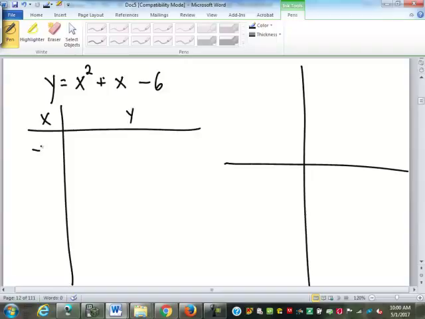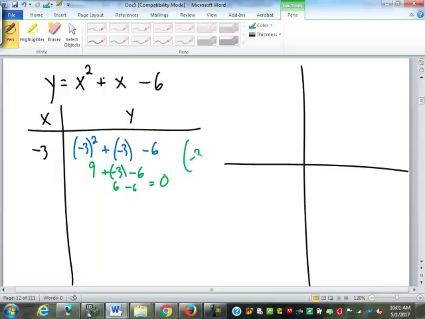I might try negative 3 for x. So y is negative 3 squared plus negative 3 minus 6. Negative 3 squared is 9. 9 plus negative 3 is 6. Minus 6 is 0. So it gives me a point (-3, 0). That's a point right there.